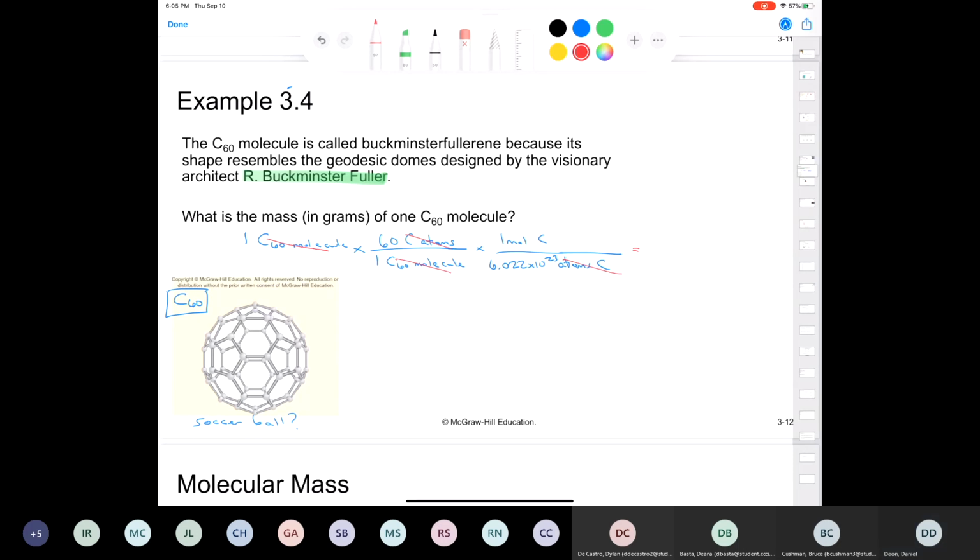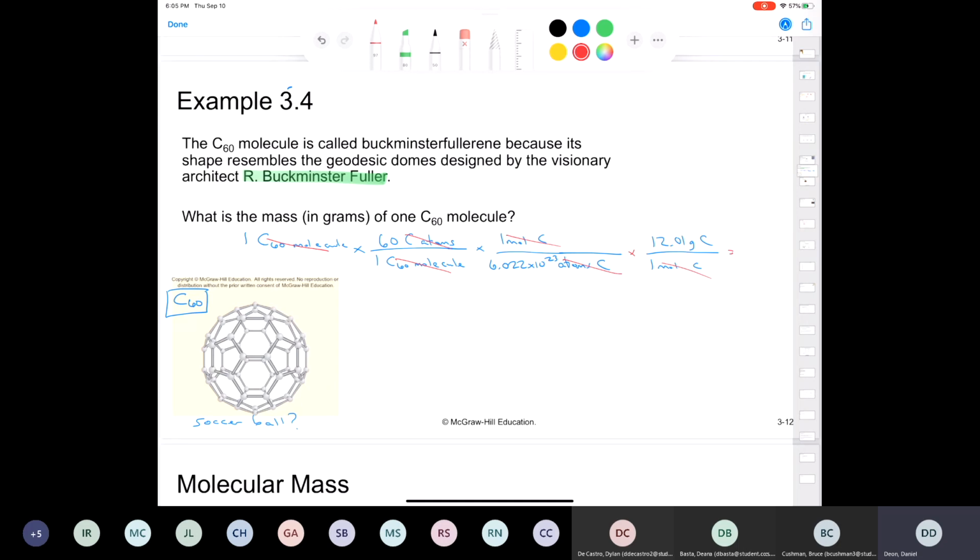Okay. Now, I'm just going to put in the last conversion factor, which is I know that in 1 mole of carbon, I have 12.01 grams of carbon. Well, look at the units: moles of carbon cancel out, and I'd be left over with grams of carbon. So if I take that small number that I had and I multiply it by 12.01, I still get another small number, right?